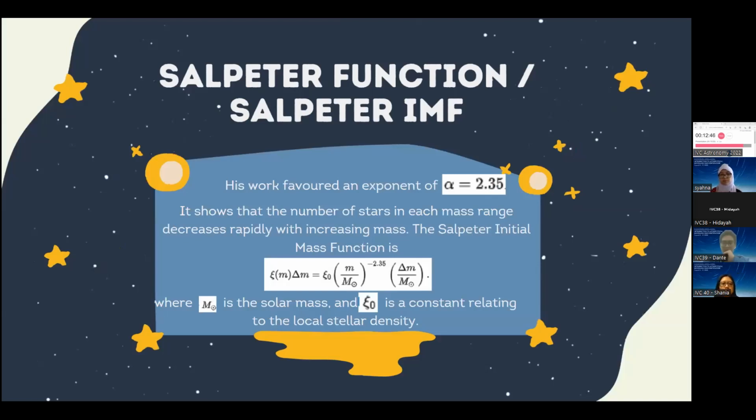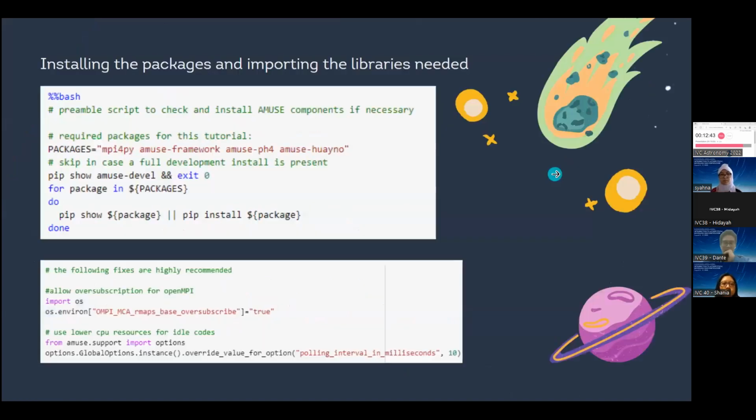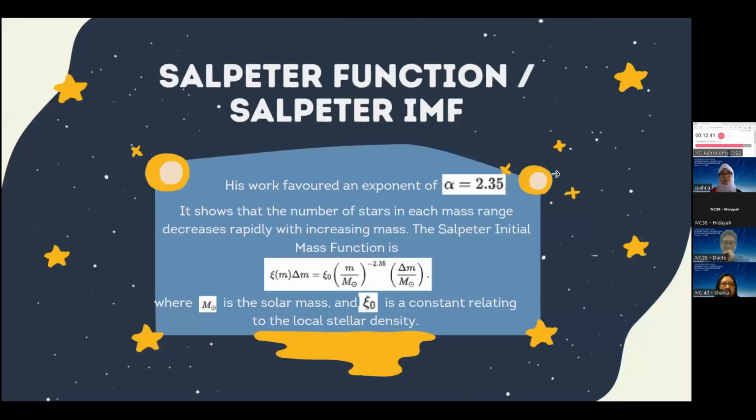Now, I'm going to explain a little about the Salpeter function, or the Salpeter IMF. This is a form of the IMF where we have a coefficient called alpha, where in his work alpha is favored to be an exponent of 2.35.